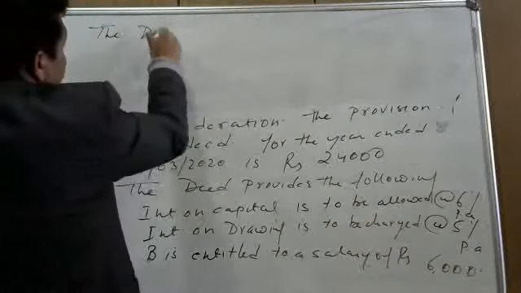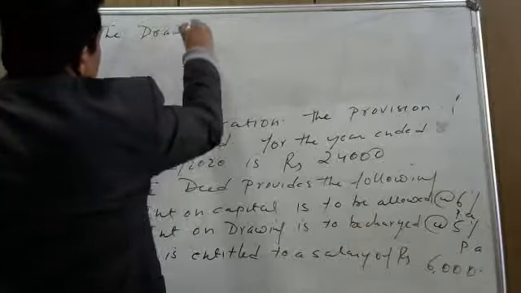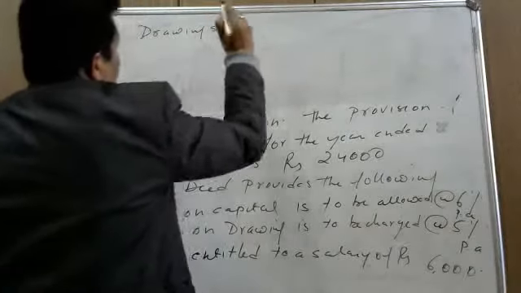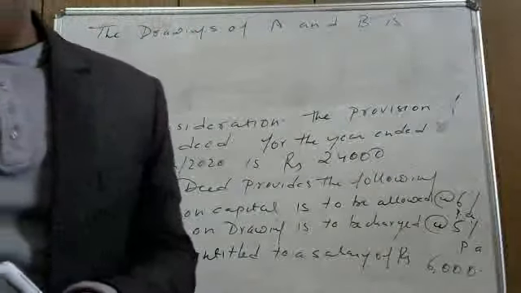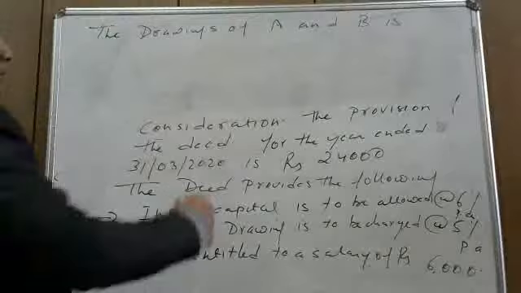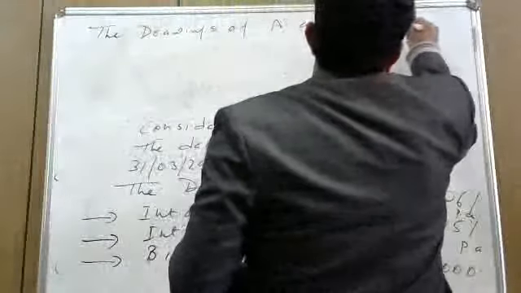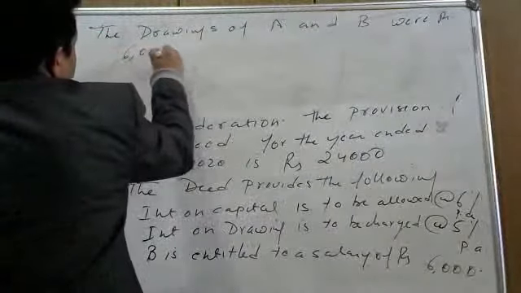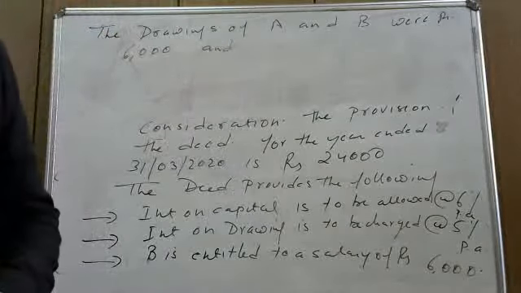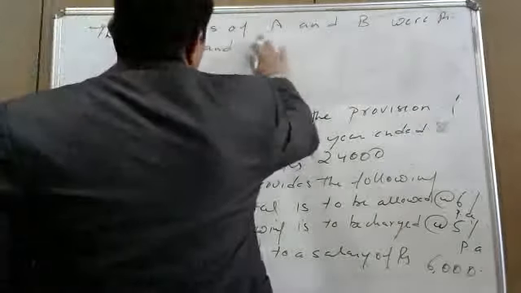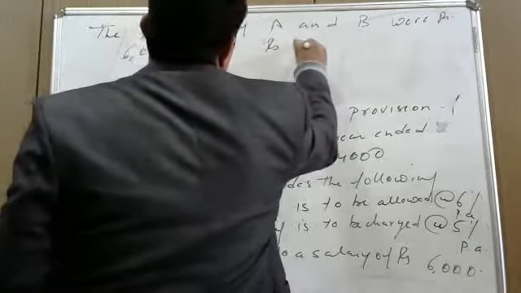The drawings of the partners A and B were rupees 6,000 and rupees 4,000 respectively.